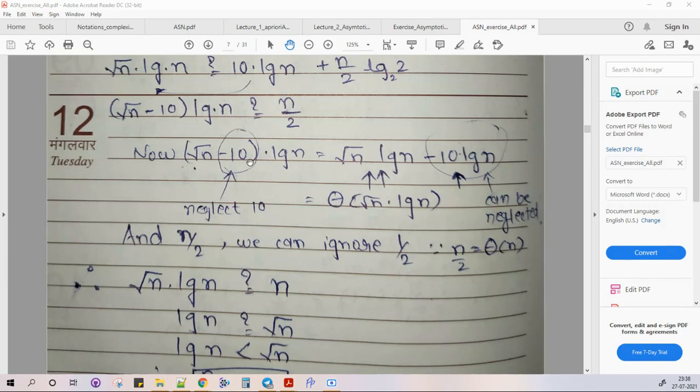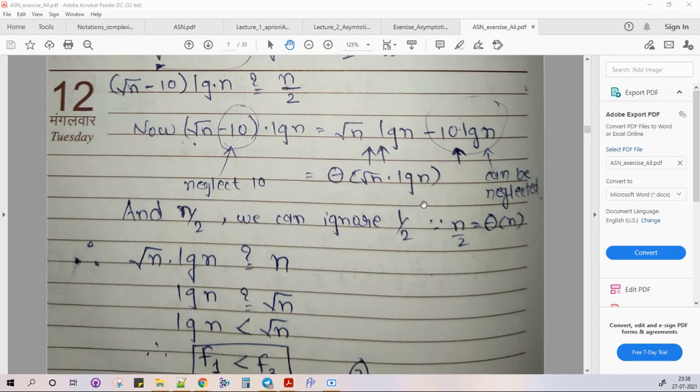Because see, root n minus 10 log n can be written as root n log n minus 10 log n. So as the value of n will change, this will change very slowly, and this will change rapidly, correct? Root n log n will change very rapidly compared to this. So this is order of root n log n, or you can say theta of root n log n.